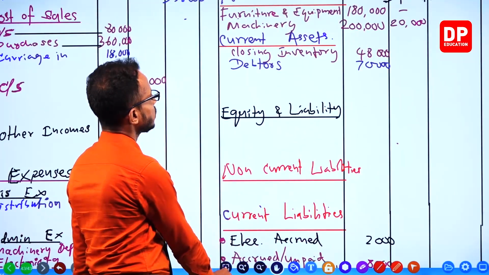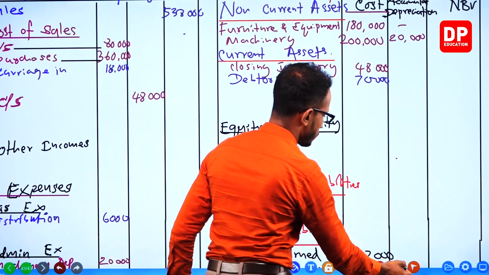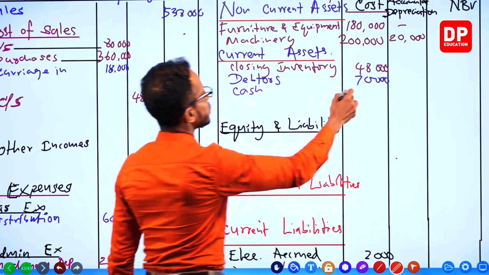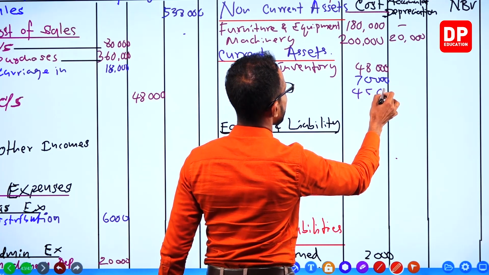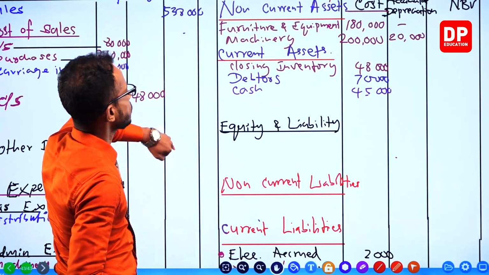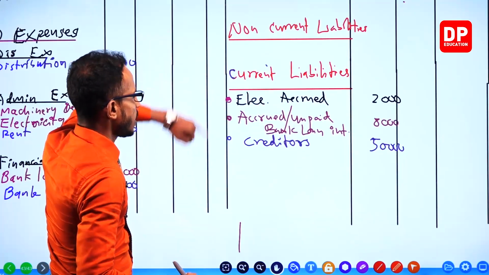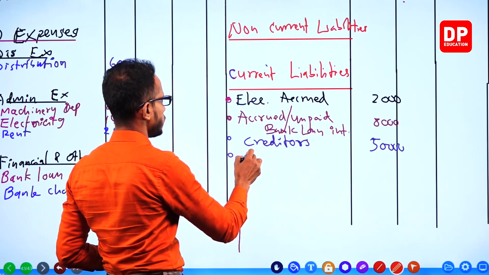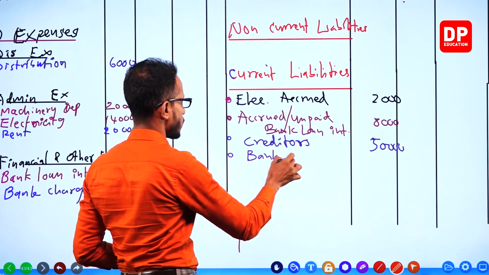Let's put cash balance. Cash balance 45, and under liabilities you put OD 12.